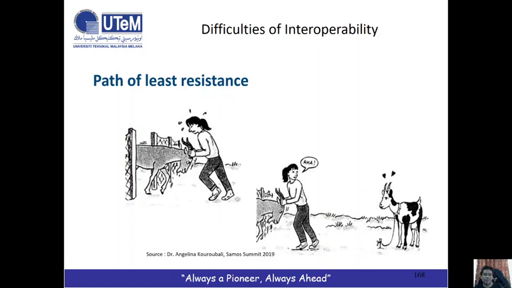But in time, you remember that the government gave a special allowance to teachers who taught mathematics and science in English. So this is motivation. They suffered to learn, struggled to learn, and started to use a new language. So in order to change or to get interoperability, we need to find a very smart way.